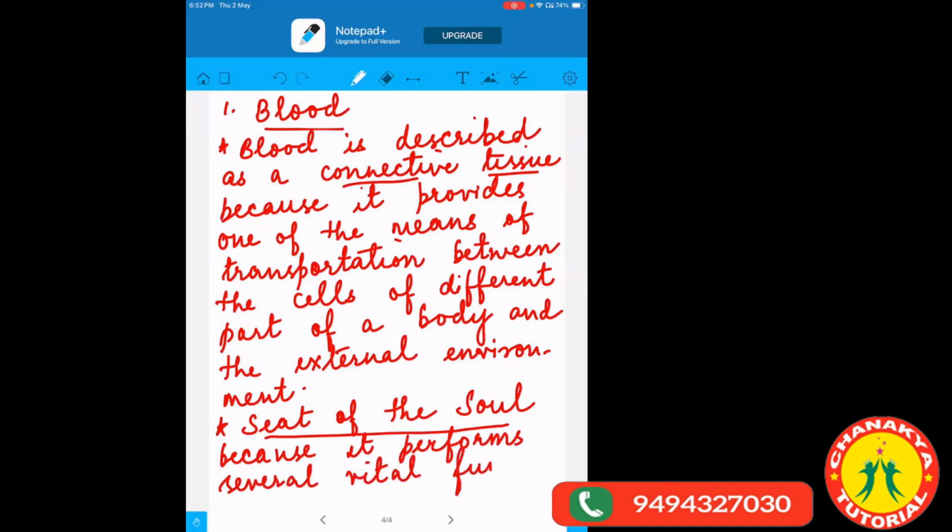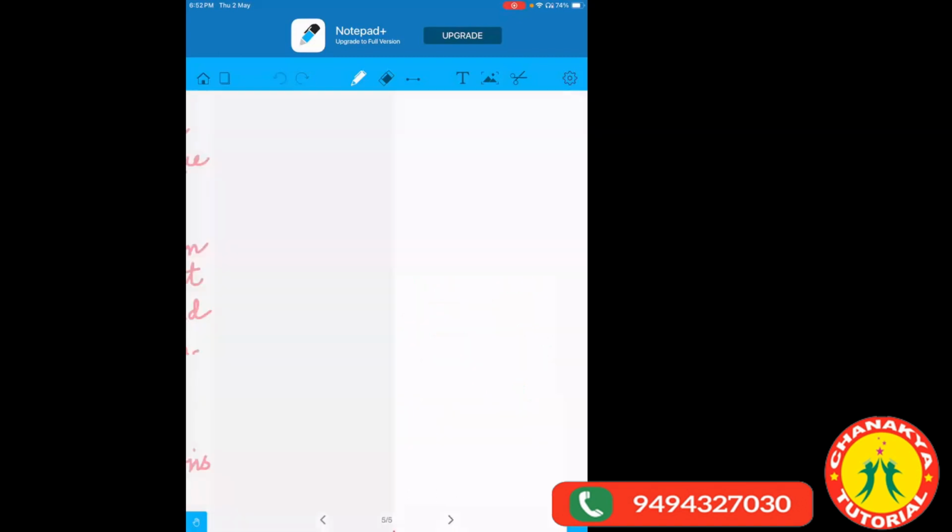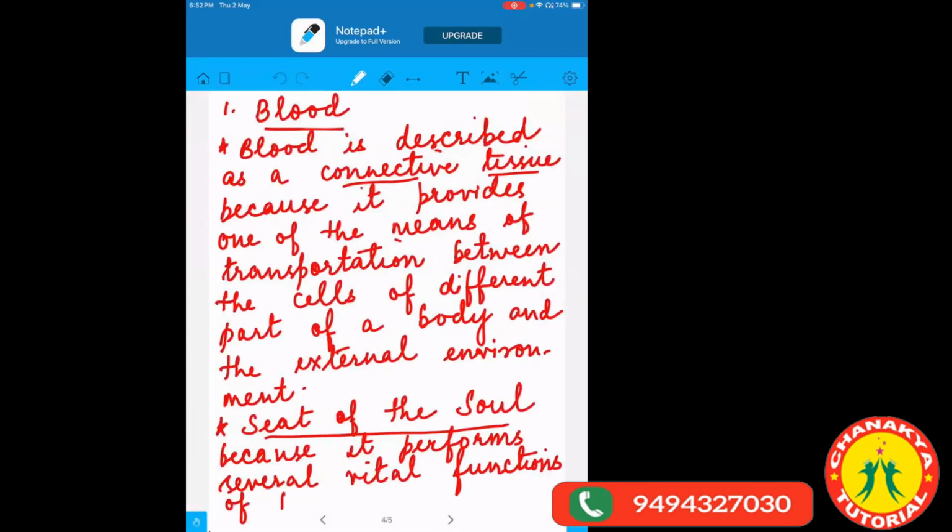Whatever the important functions are, they are performed by the blood. That is why it is also called the seat of the soul. Dear children, why is it called the seat of the soul? Because it performs vital functions, very important functions for our body.